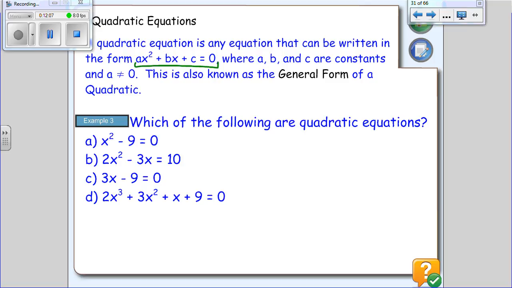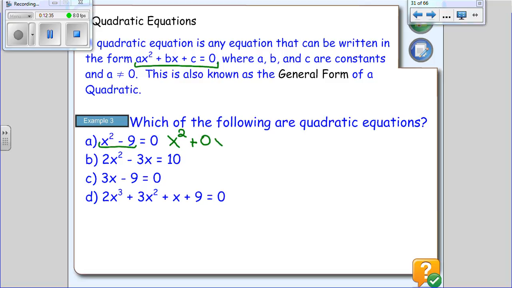So if we look at a, is this thing in that form? Most people look at this and go, no, it's not in that form. But it actually is in that form. And here's how I'm going to write it out so you see that it's in that form. We have x squared plus 0x minus 9.